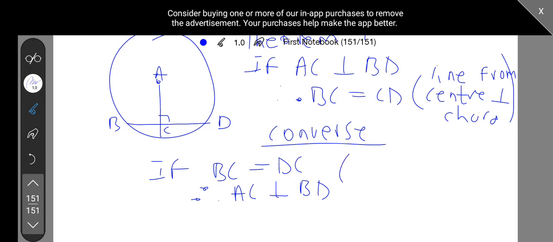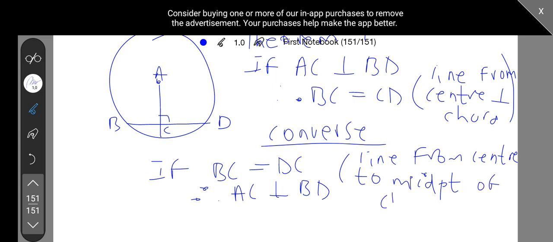Right? It's an if statement. So this one will say a line from center to midpoint of chord.